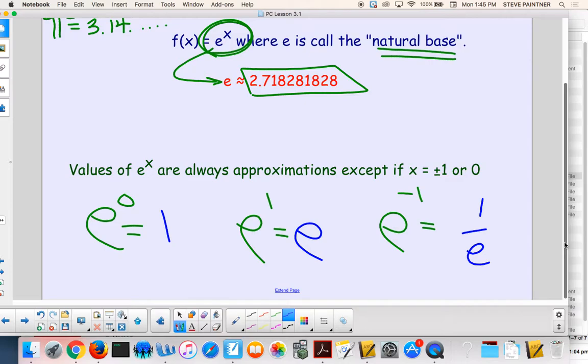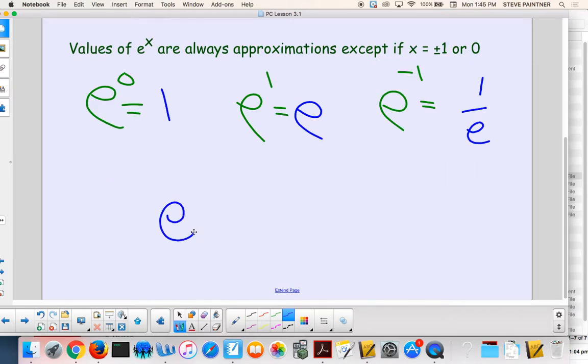For example, that one, I'd approximate. What's e times e times e? Or better yet, 2.718 times itself 3 times. 10? I don't think so. 20 point what?